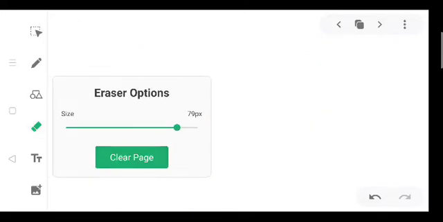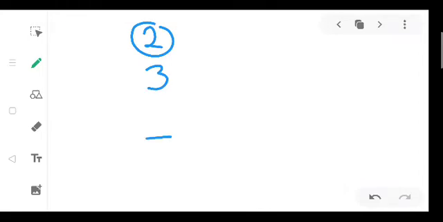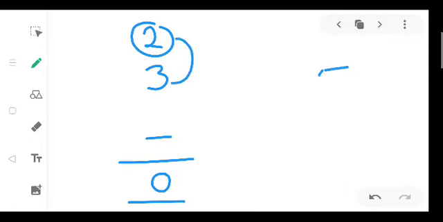Okay. Now we will add 10,000 place. As you know that 2 we have brought as a carry and digits are 3, blank, and here is 0. 3 plus 2, 5, but here is 0. Is it possible?